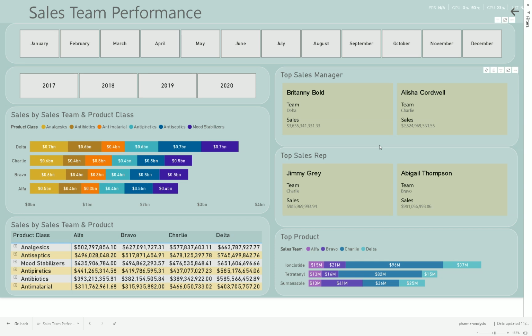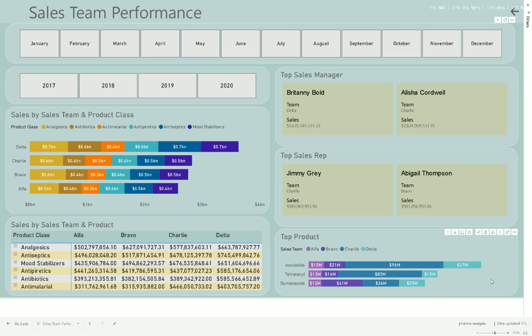Now, if we look at the top products by team, this bar chart will help us break down the highest selling products for each team using product name, as we can see here, with their sales teams, Alpha, Bravo, Charlie, and Delta, and their sales values.